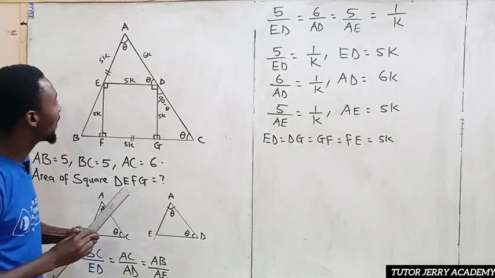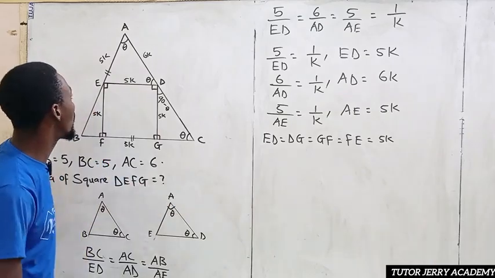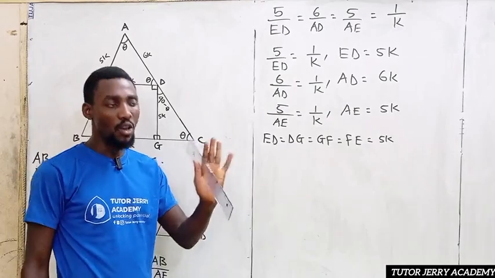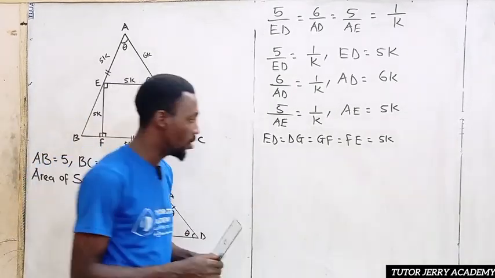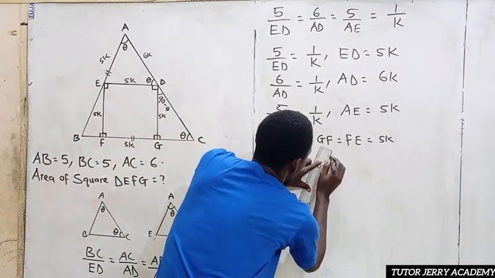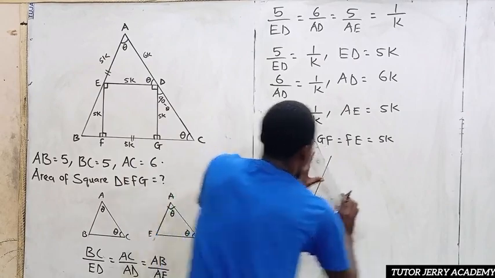Alright. Now that we have also established this, let's consider triangle ABC only, without the square. So if we consider triangle ABC only without the square, we are going to have something like this.